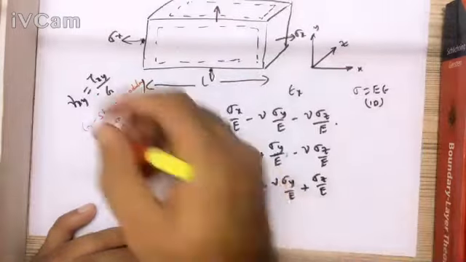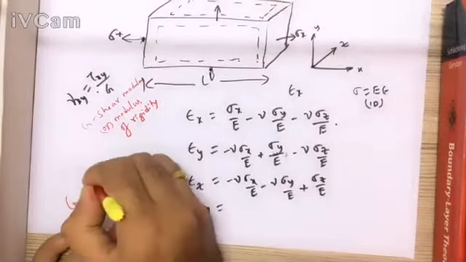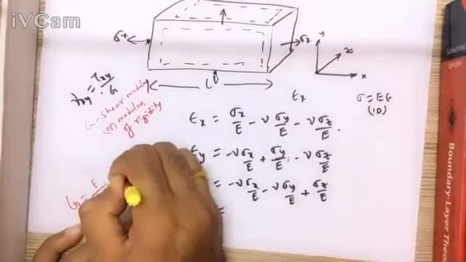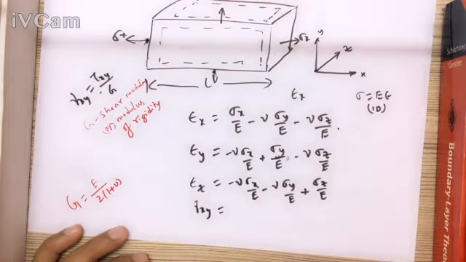And you know, if you can recall, that G is equal to E by 2 into 1 plus nu, where E is the Young's modulus and nu is the Poisson's ratio, right?